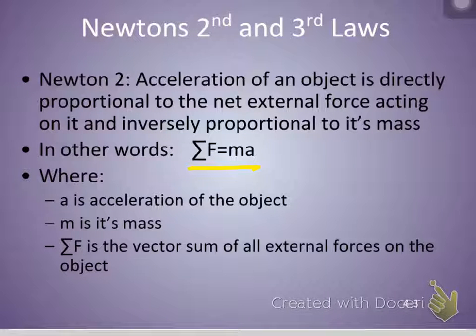A is acceleration, m is mass. The important part to note is that this is the sum of the forces. So we've made it a little bit more complicated than it was when you were little freshmen. We're saying that the net force, the sum of all the forces acting on an object, is going to be equal to its mass times its acceleration.